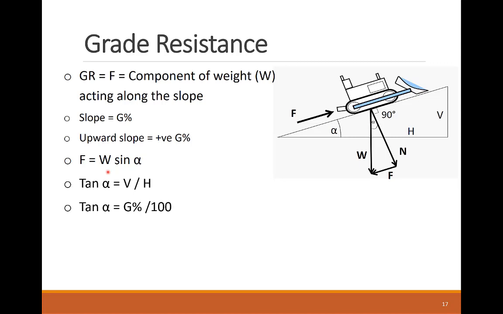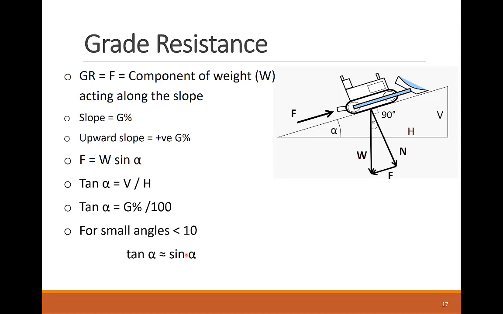Now we can assume that most hauling routes have small angles of slopes. At such small angle values, the tan and sine values of the angle are very close, so we can substitute the sine alpha in the F formula with tan alpha.